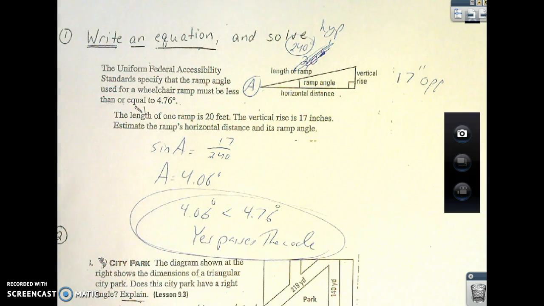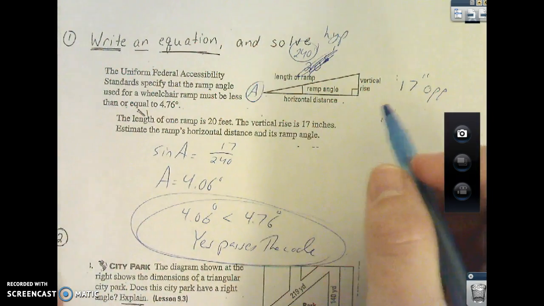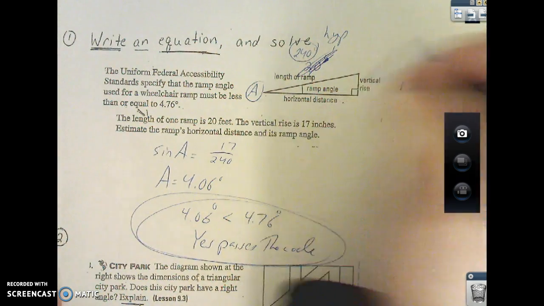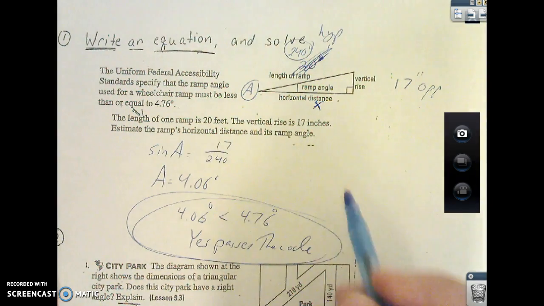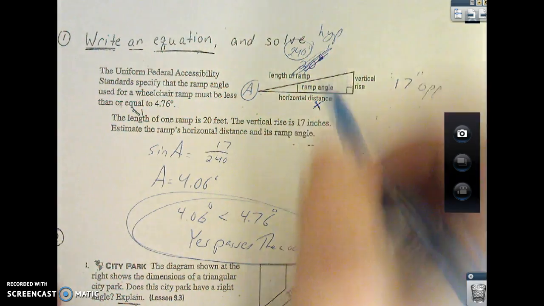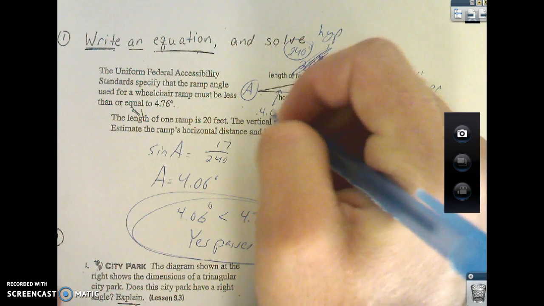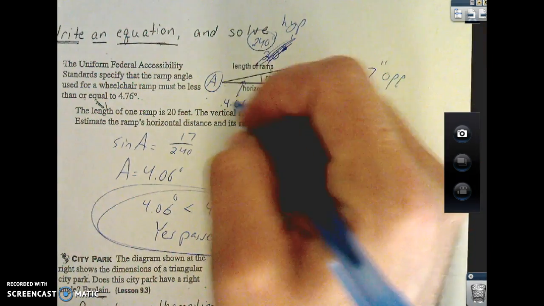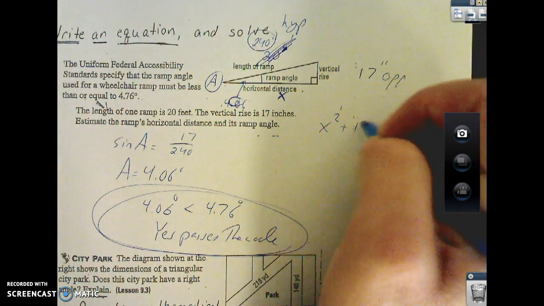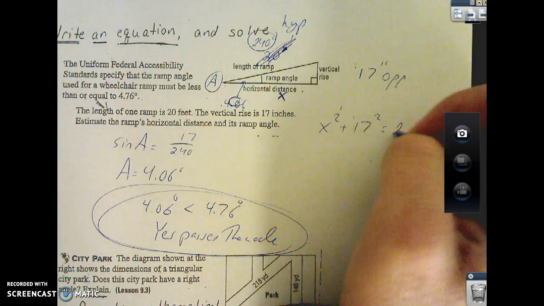Good deal. Now they do ask for the horizontal distance here, so we'll call this x down here. I now know that this angle is 4.06. Actually, you know what? We can just use Pythagorean theorem. My bad. So we can do x squared plus 17 squared equals 240 squared.